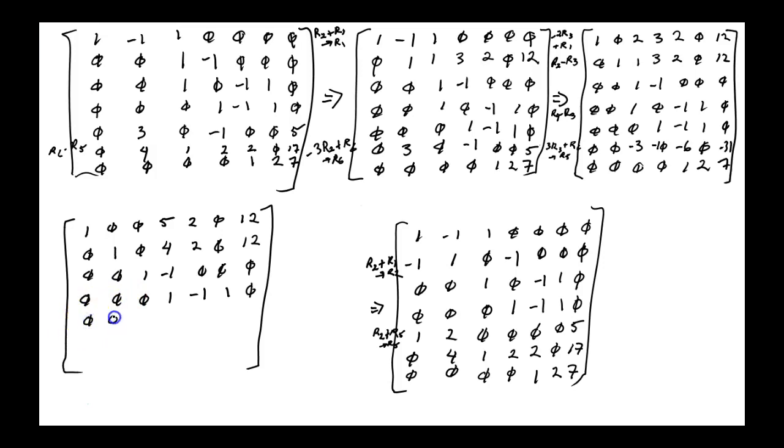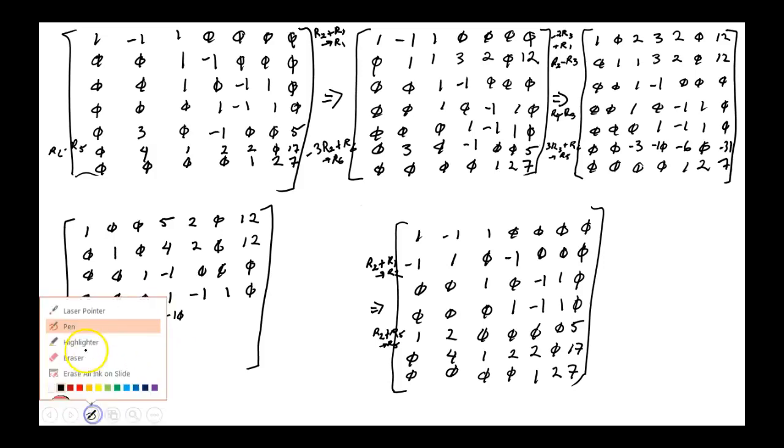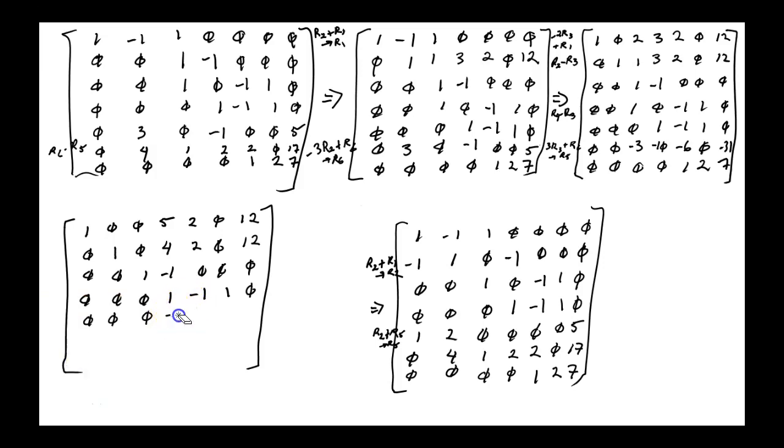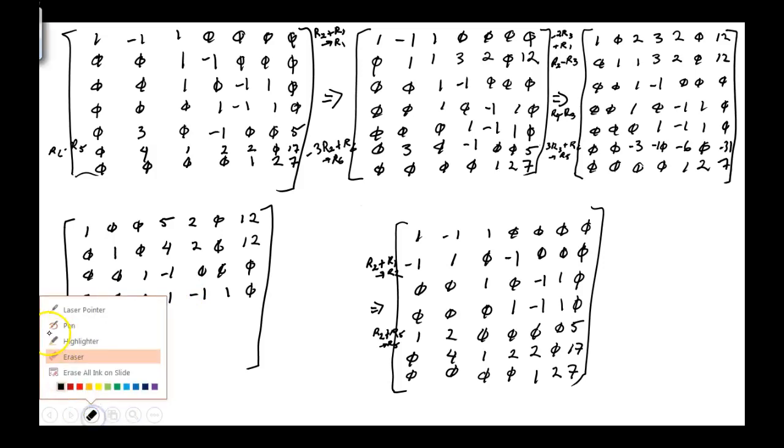0, 0, 0. Now the hard work begins. Minus 10. Is that right? Wait, I'm looking at the wrong row, sorry. Goodness gracious. Okay.